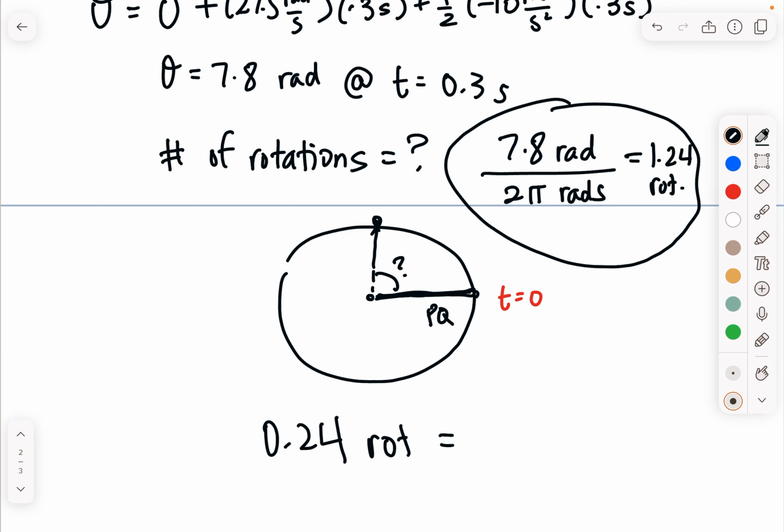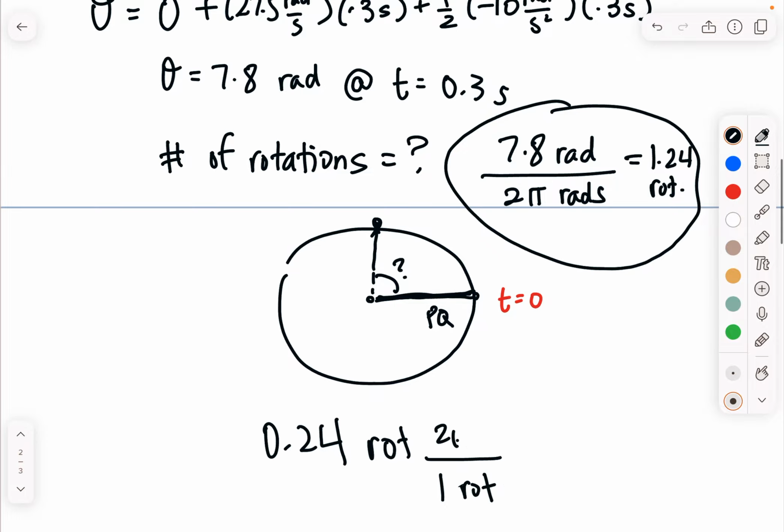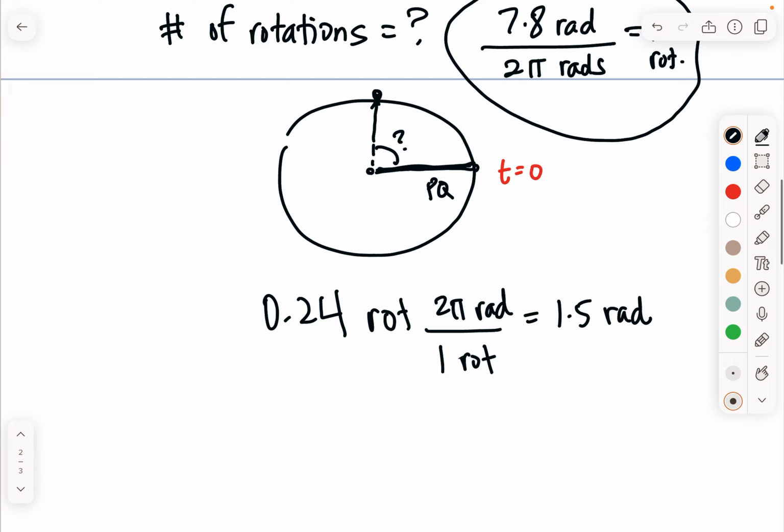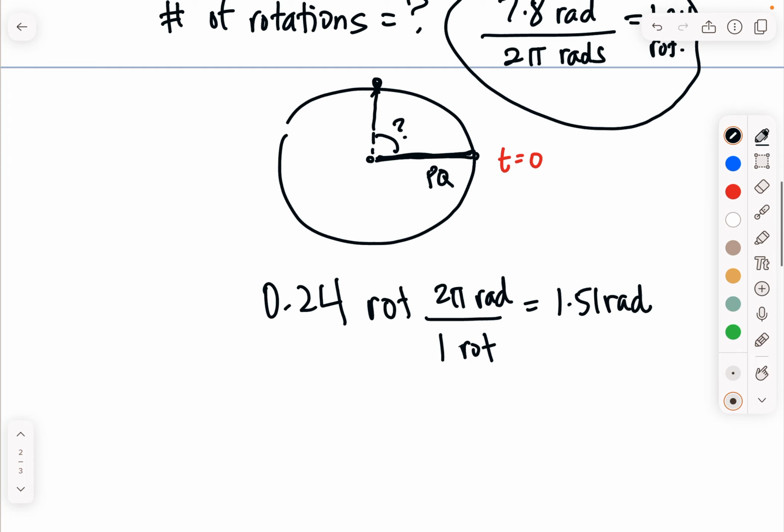If one rotation is 2 pi radians, then we can convert this to radians, right? It's a quarter of 2 pi, roughly a quarter. It's about 1.5 radians, 1.51 radians.